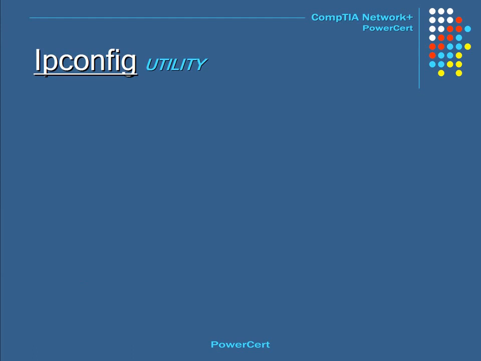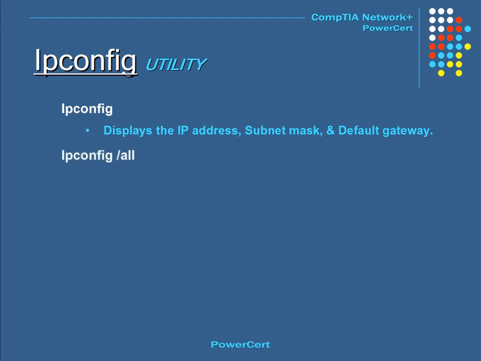Using the ipconfig utility by itself displays the IP address, subnet mask, and default gateway. But using this utility when combined with subcommands called switches changes the output slightly. So for example, when we use ipconfig combined with /all, which we just used in our previous slide, it displays the full TCP/IP configuration for our computer.